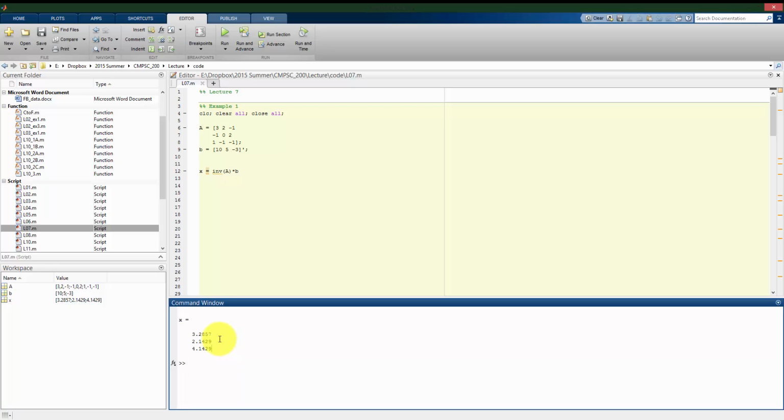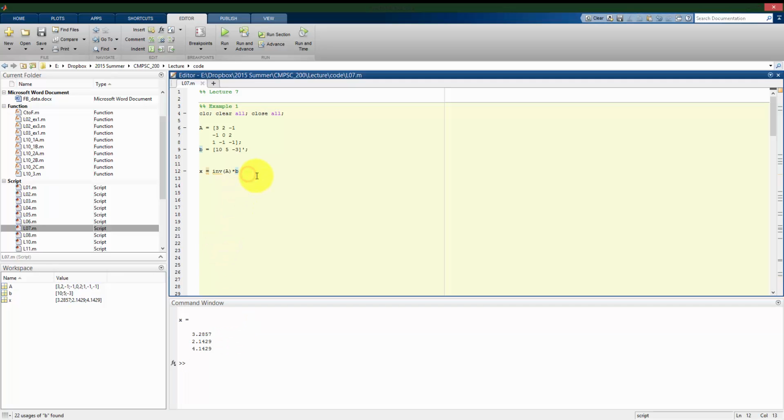That first value is what the variable x must be, the scalar value x. The second value, 2.1429, is the value that y must be, and 4.1429 is the value that z must be, and this is the only combination of x, y, z that will satisfy all 3 of these equations at the same time. So we do find a unique solution.